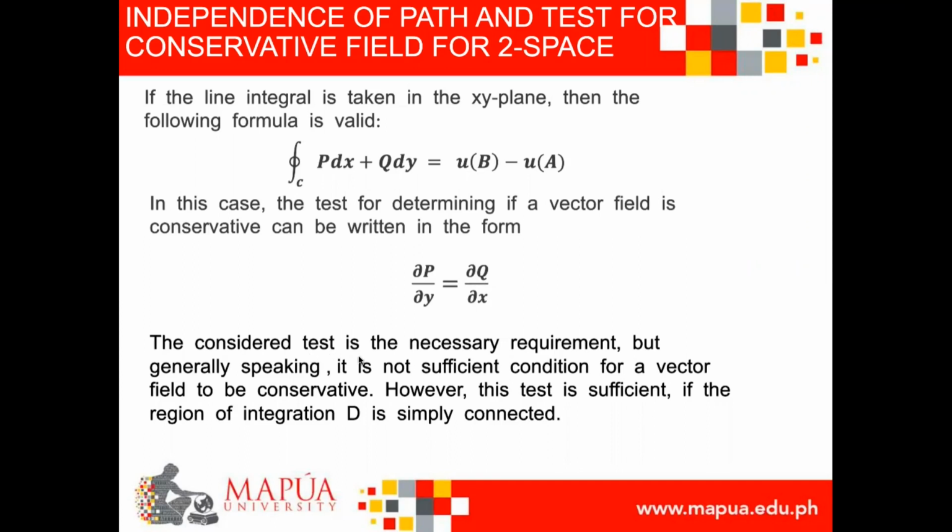The considered test is the necessary requirement, but generally speaking, it is not a sufficient condition for a vector field to be conservative. However, this test is sufficient if the region of integration D is simply connected.